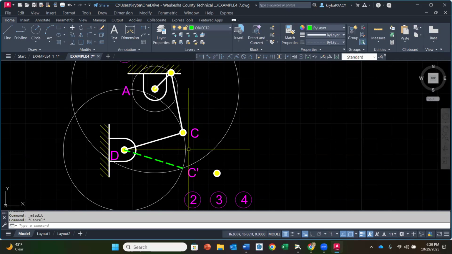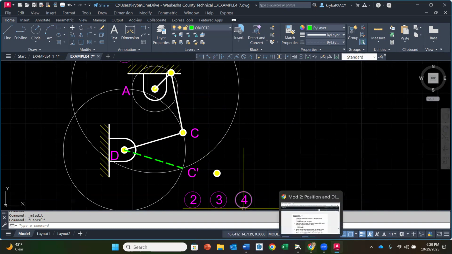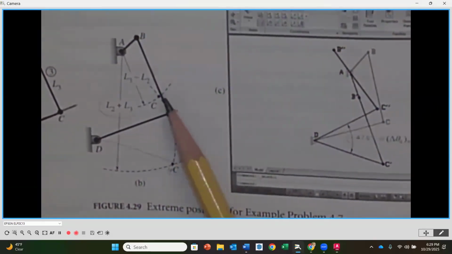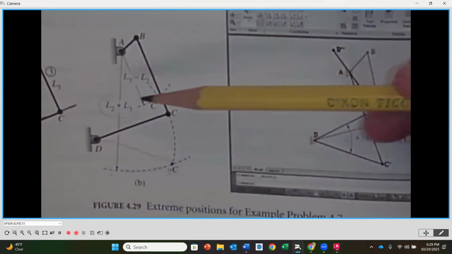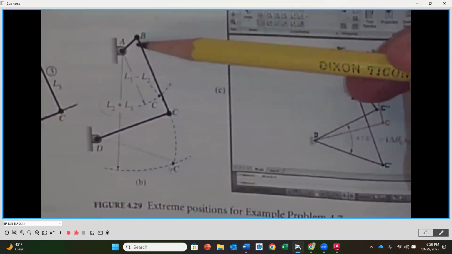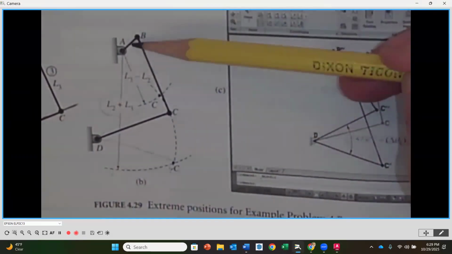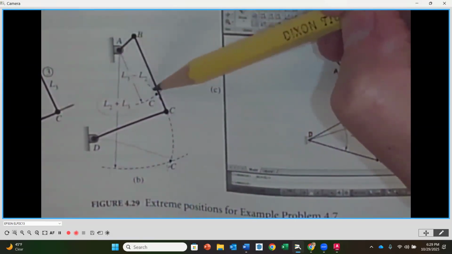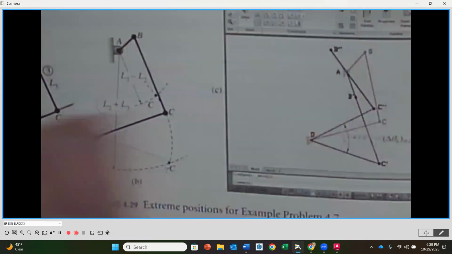Now I want to show C in its highest position. And again, it's going to be somewhere along this radius. And if I go back underneath, you're going to notice that its highest point is up here. And that radius is going to be link number 3 minus link number 2. This is where they're going to overlap one another and be kind of on top of each other, okay?